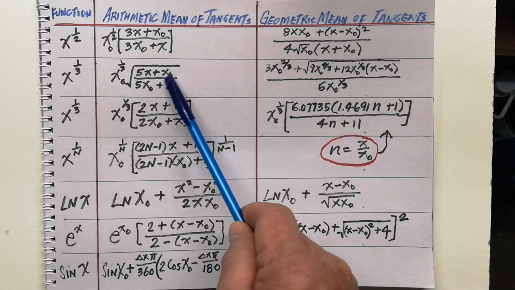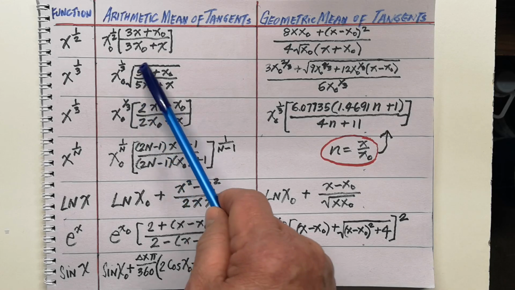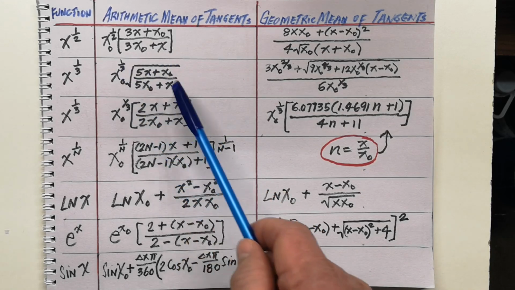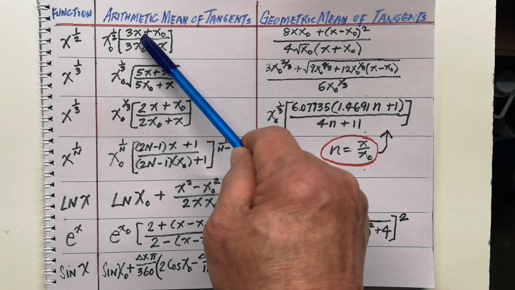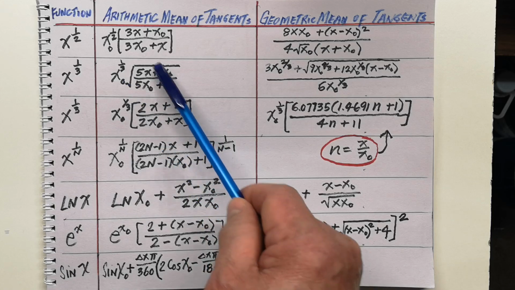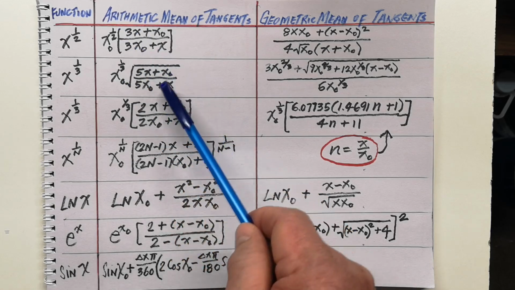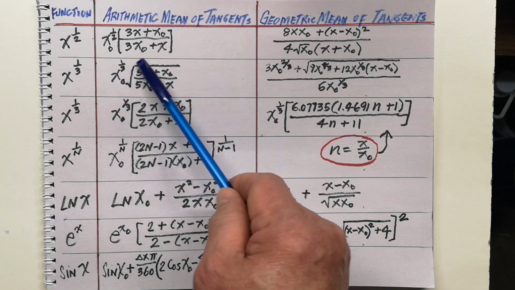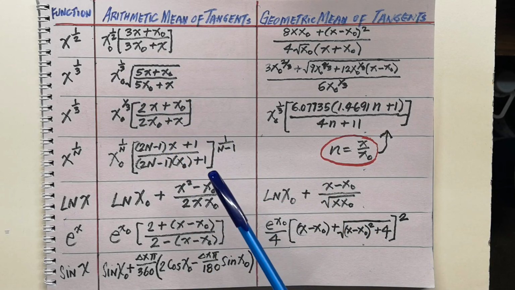And this formula contains a square root sign. In order to avoid this, we can substitute this into this one, so that we do not use the square root sign.